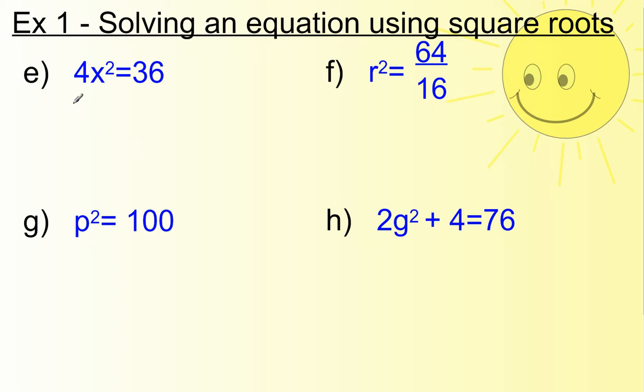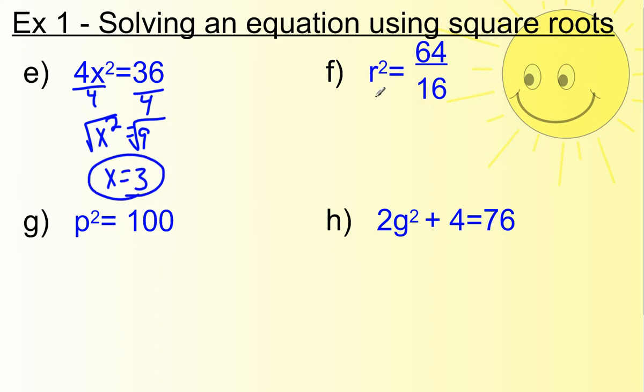Alrighty, I'm going to fly through these since you should have already done them. So we start by divide by 4 on both sides. X squared equals 9. Square root, x equals 3. I'll switch colors.